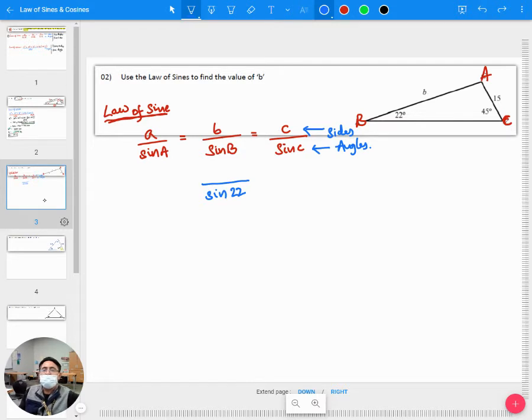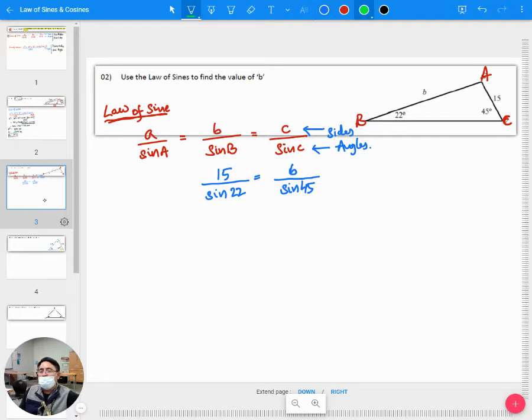And the numerator is the side opposite to angle B, which is 15. Angle C is 45 degrees that I am taking here in the denominator, which is sine 45. And opposite to 45, b is given, that goes to the numerator.